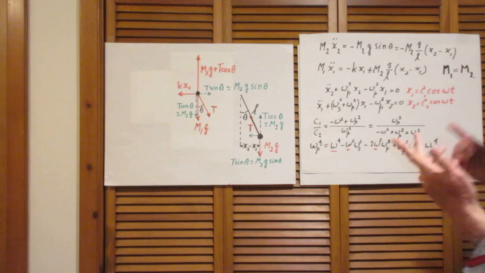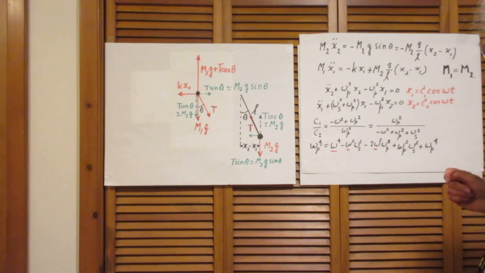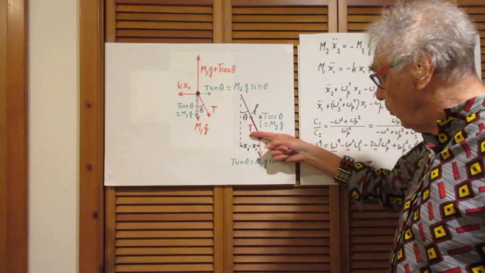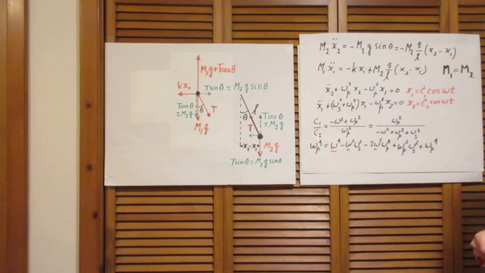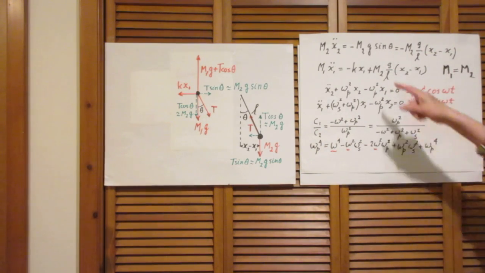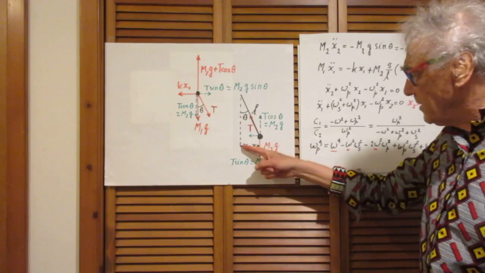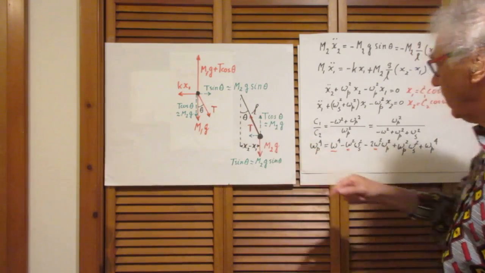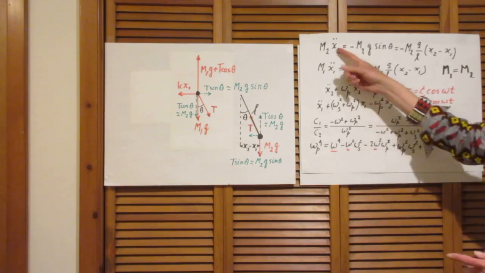And we're dealing only now with horizontal forces, which is only this force. And that force is m2g sine theta. There it is. And sine theta is x2 minus x1 divided by L. So it is minus m2 g over L, x2 minus x1. So that's number 2.